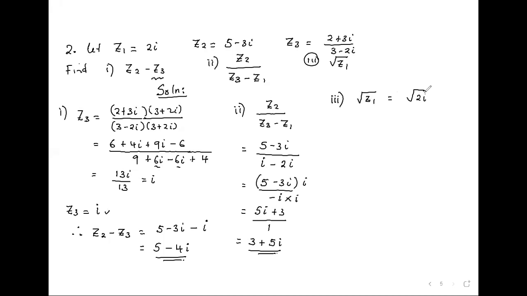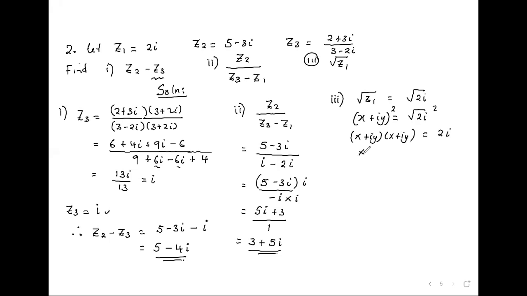Suppose the answer that we find, because it's a complex number, is going to be in the form x plus iy, meaning it will have the real part and the imaginary part. This be equal to 2i. When you square both sides, you get x plus iy multiplied by x plus iy is equal to 2i.